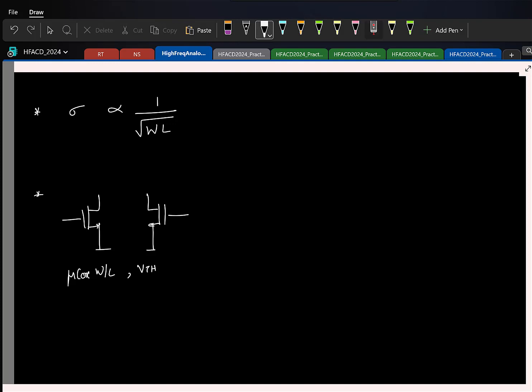To model the mismatch in the current factor beta, we assume the transistors are matched, but the mismatch is modeled using an additional current source.